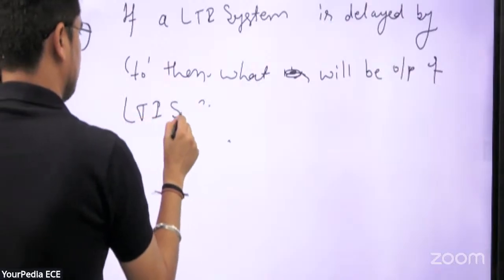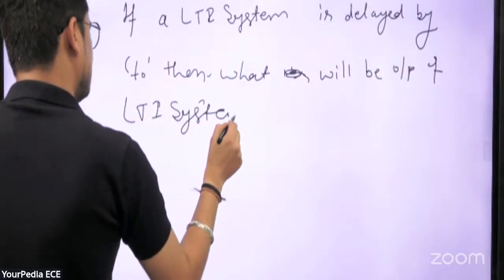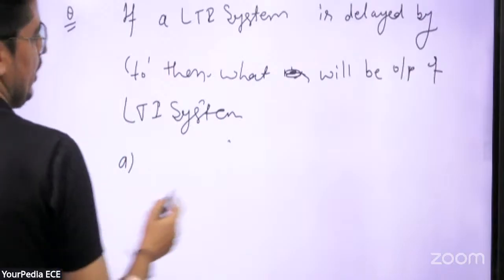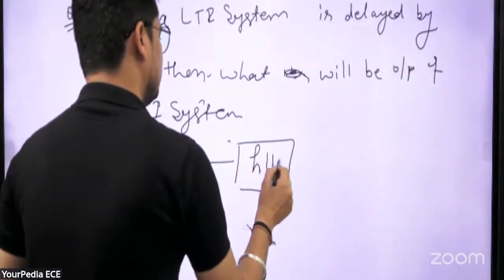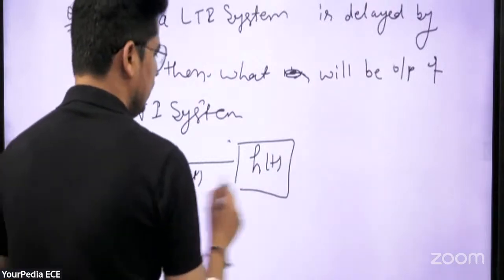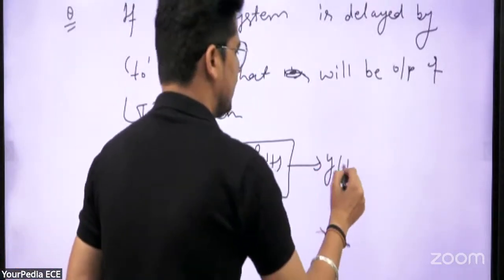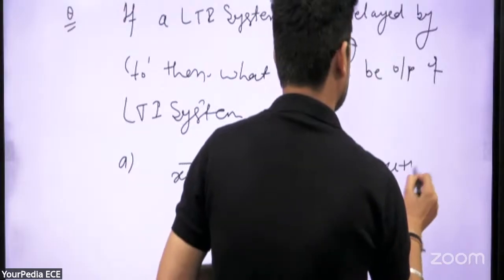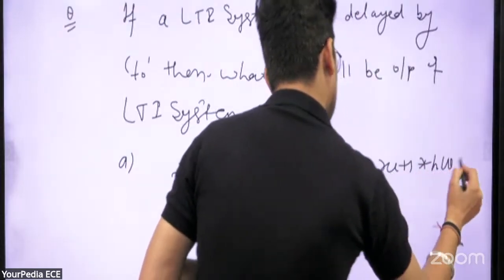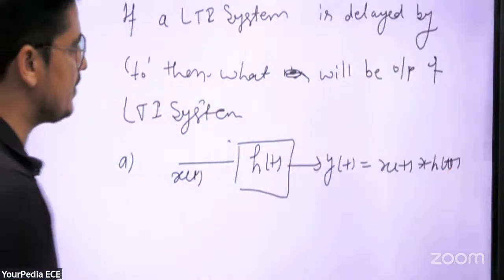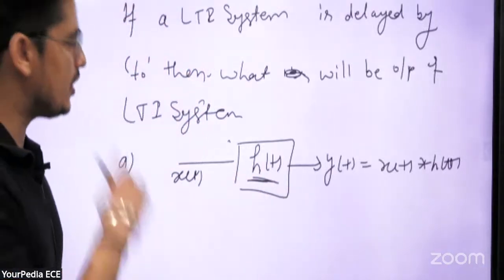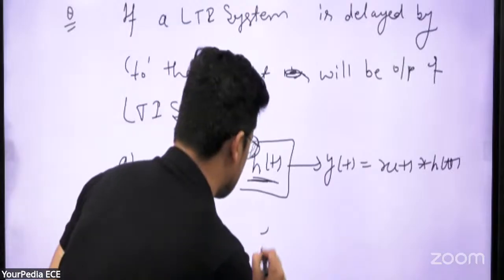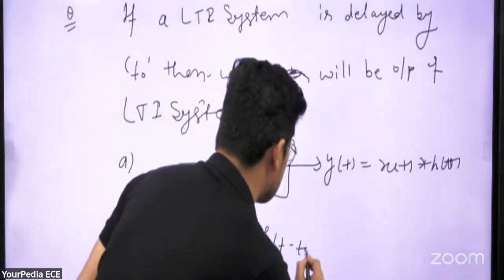Basically, when we are talking about the LTI system, first let us take that you have the input x(t) here. Currently, the output of that system is x(t) convolution with h(t). If I delay this impulse response, what will be the change in output? Let us take it becomes h(t minus t naught).